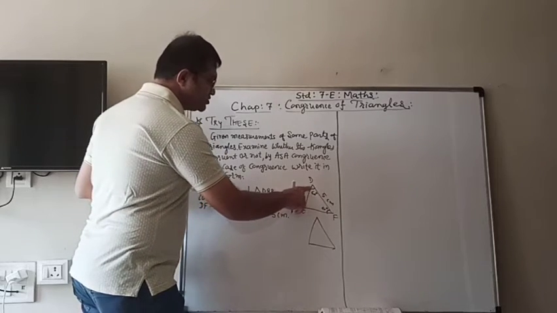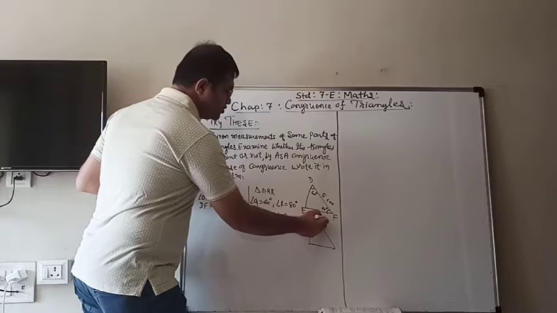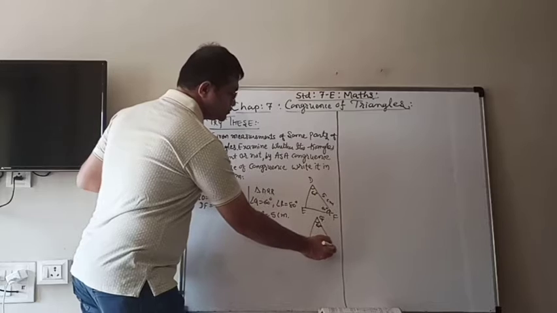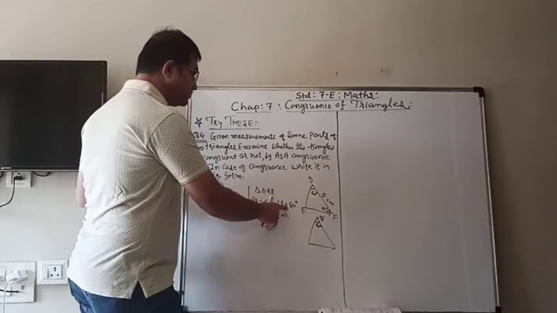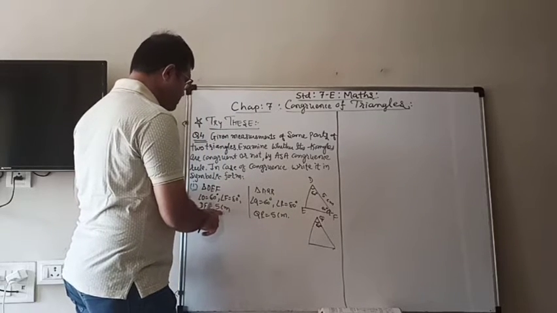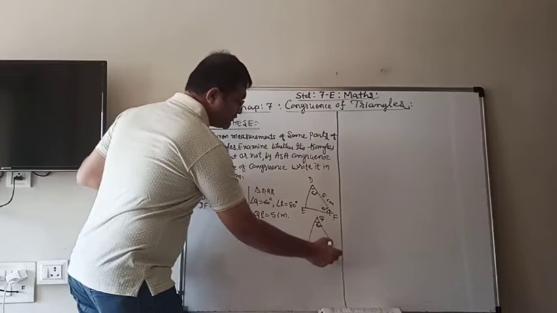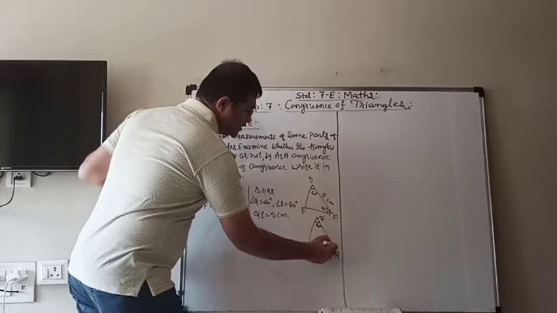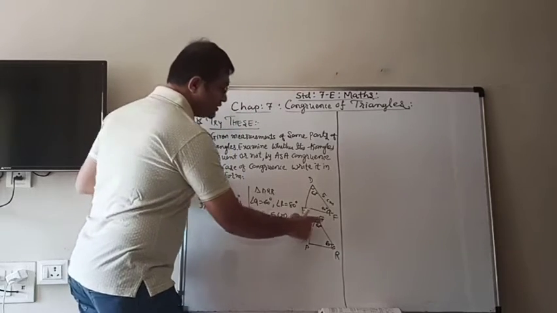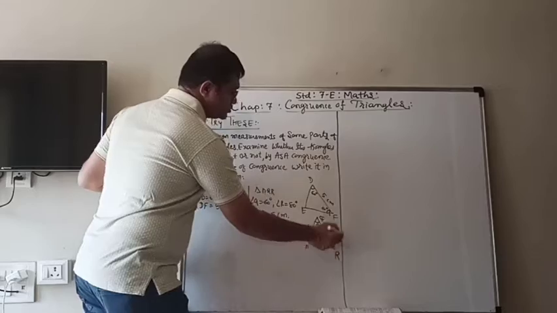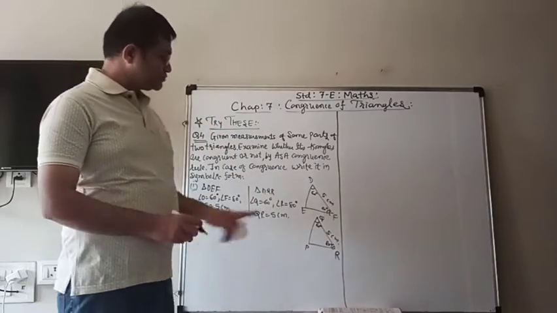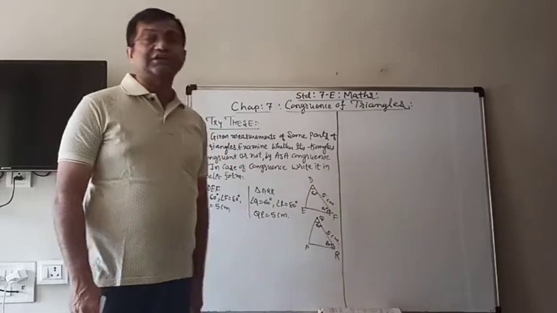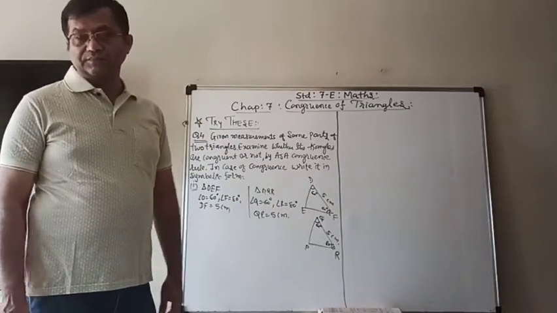Angle Q is 60 degree, so D and Q are 60 degree. And angle R is 80 degree. Which angle is 80 degree? F. So with F, we take R. And QR is equal to 5 centimeter. Now you can see that two angles and the included side are congruent.